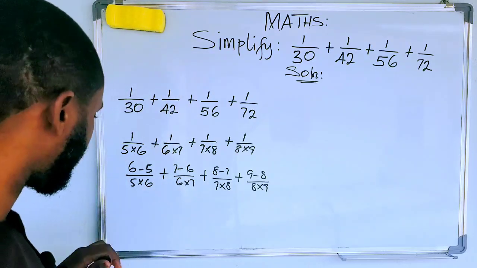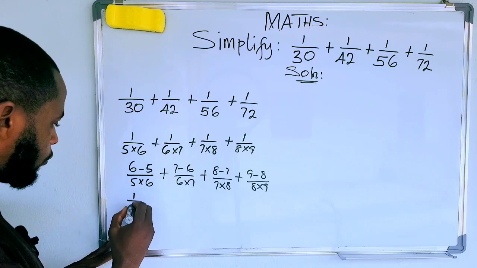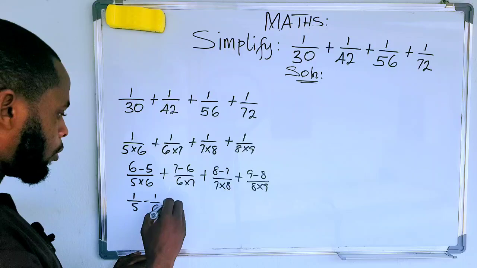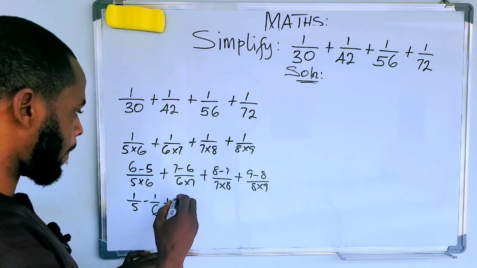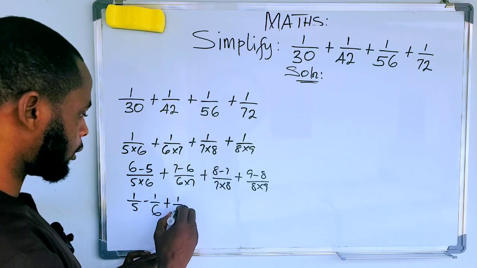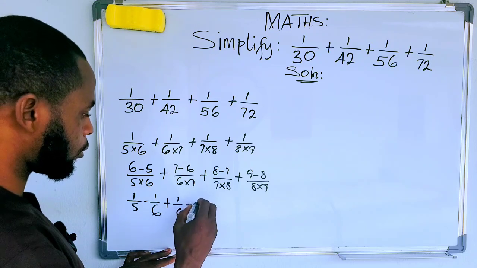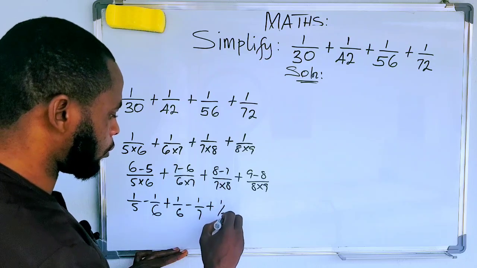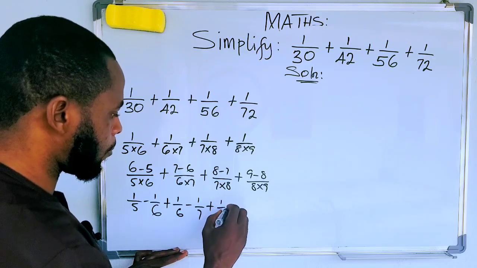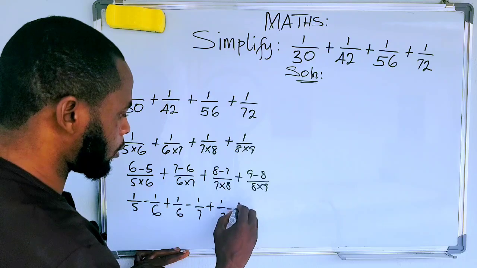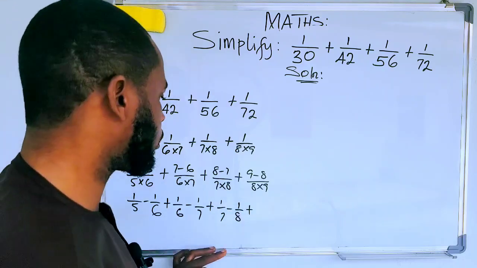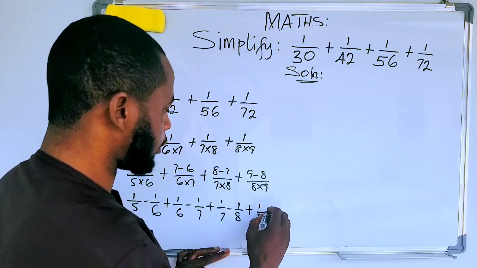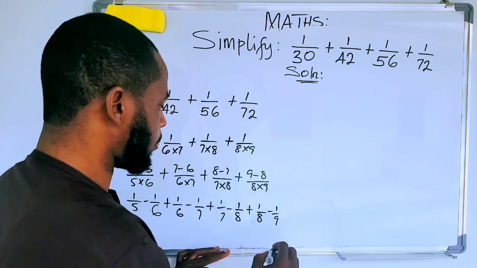In that case, we are going to have 1 divided by 5 minus 1 divided by 6, plus 1 divided by 6 minus 1 divided by 7, plus 1 divided by 7 minus 1 divided by 8, plus 1 divided by 8 minus 1 divided by 9.